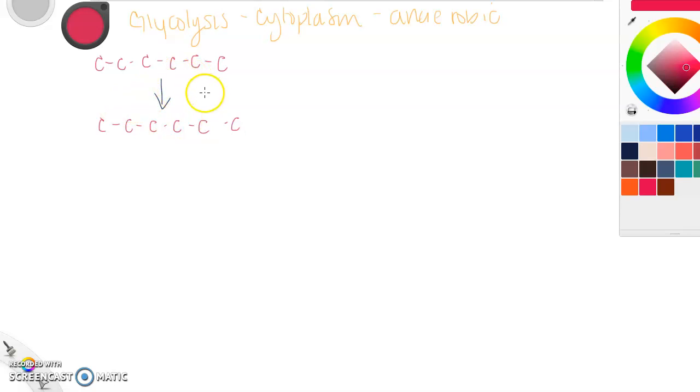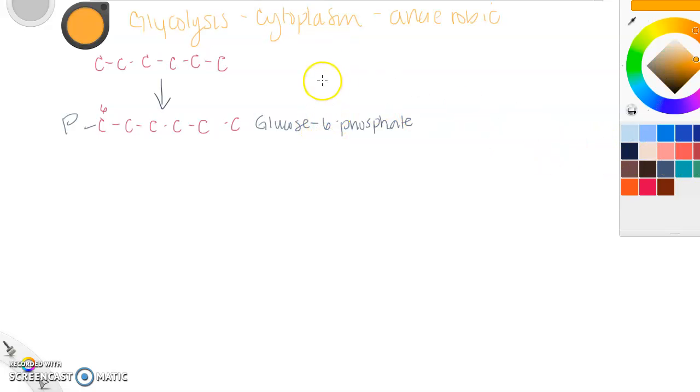So the carbons on the glucose are numbered 1 through 6. If this is the 6th carbon, we're going to add a phosphate to it. And that will make the glucose become glucose 6-phosphate, the phosphate being on that 6th carbon.